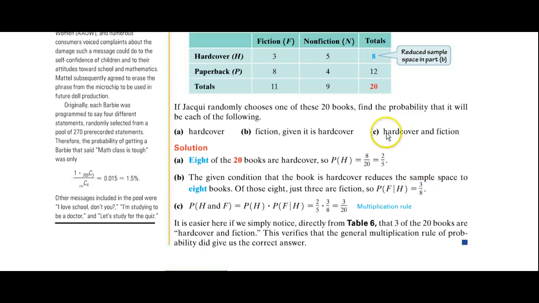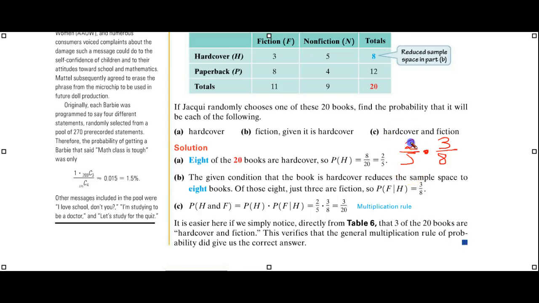But now you're expanding your sample space to include, for letter C, hardcover and fiction. So in letter C, hardcover and fiction, we can use our results here, 2/5, and this is multiplication, times 3/8.